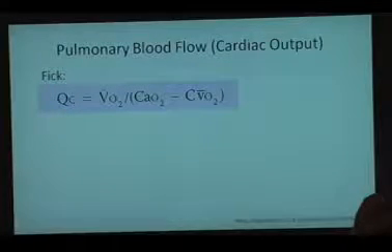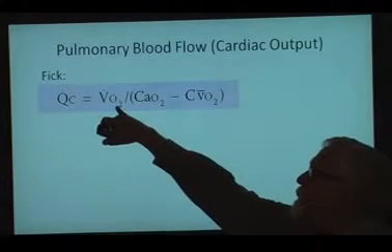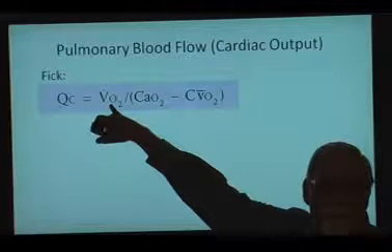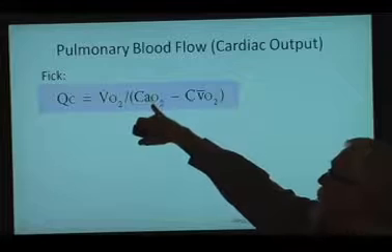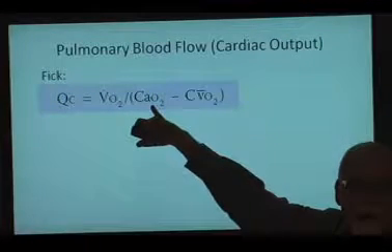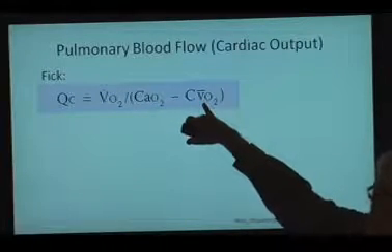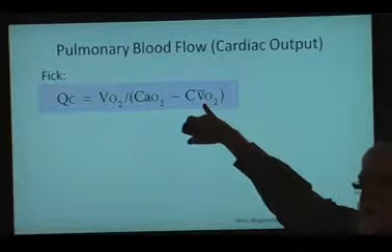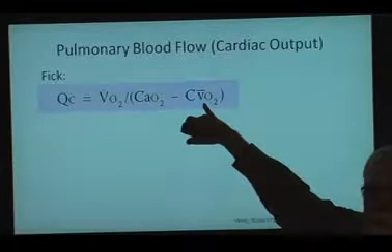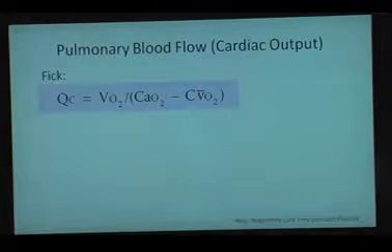So the gold standard way of measuring cardiac output from the Fick equation requires that we use indirect calorimetry to measure oxygen consumption, and we have an arterial blood sample so we can calculate the arterial oxygen content, and we have a mixed venous blood sample, which means that the blood is drawn from the pulmonary artery, the distal tip of the PA catheter, to determine mixed venous oxygen content.